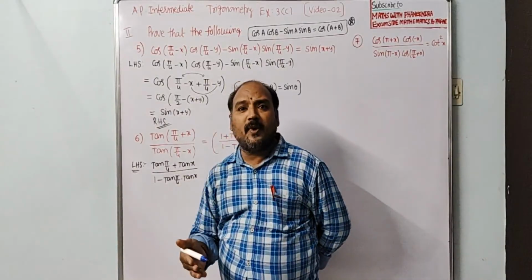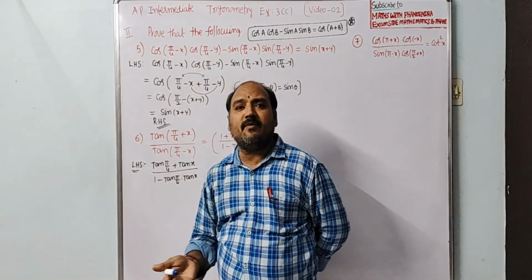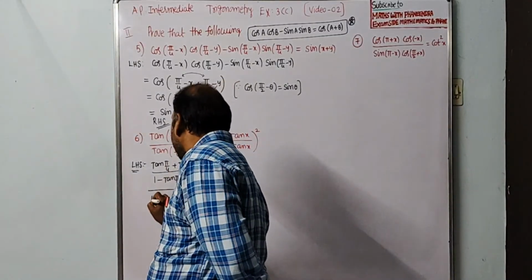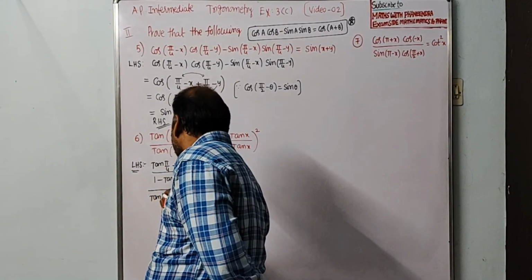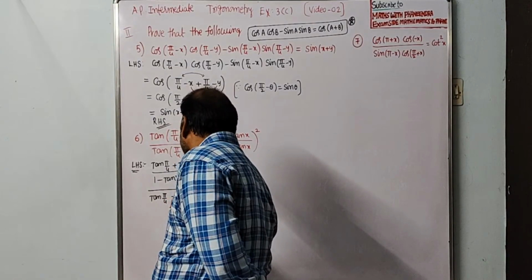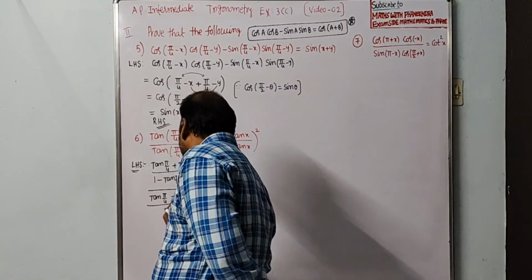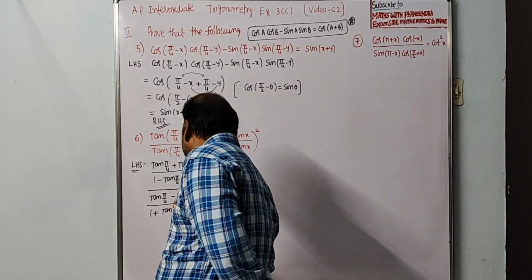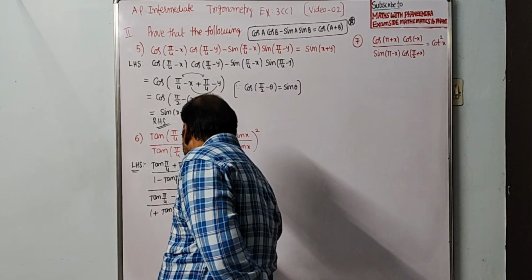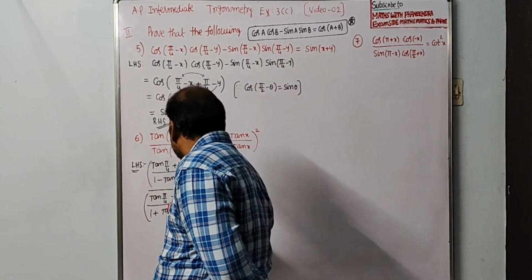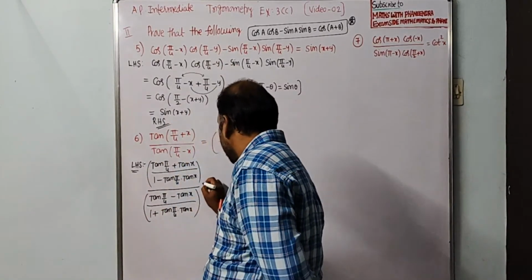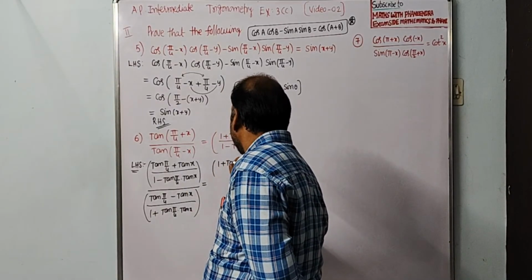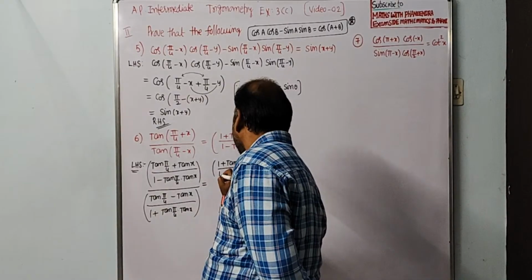We know the tan of pi by 4 plus x is 1 plus tan x by 1 minus tan x, whole divided by tan pi by 4 minus tan x divided by 1 plus tan pi by 4 into tan x.